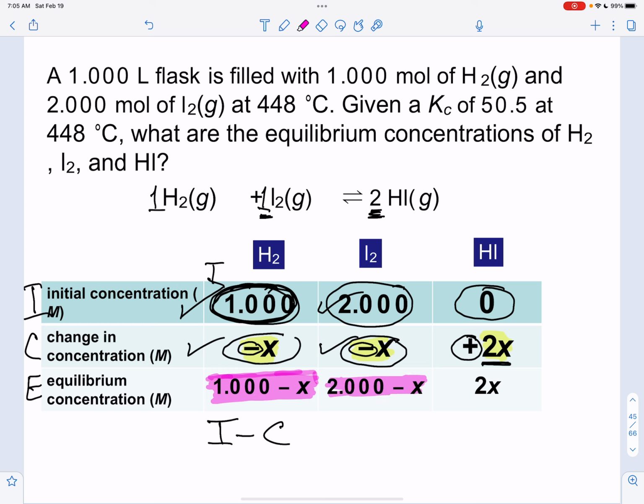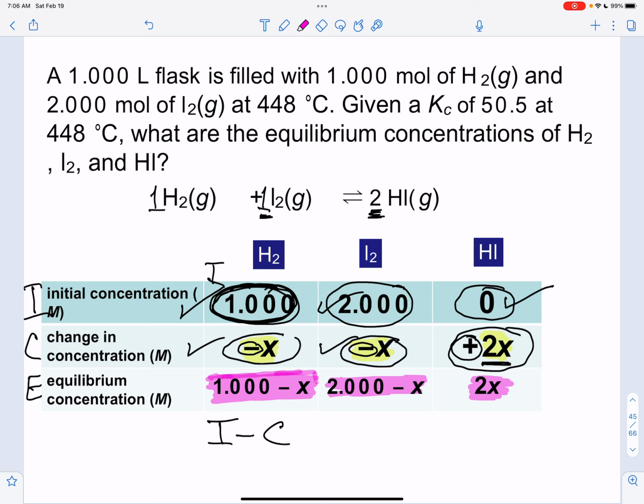And for the product, initially you began with nothing, but you produce twice as much as the other reactants. So at the end, that's what you're going to have as the equilibrium concentration. So you were able to express the equilibrium concentrations, but all you have to express it with is an unknown amount, X. We're just using stoichiometry to build a relationship.